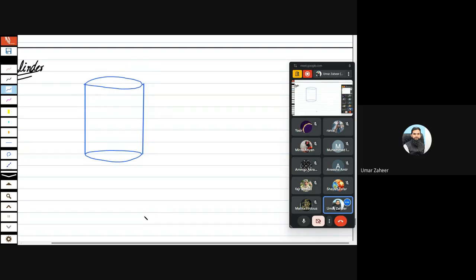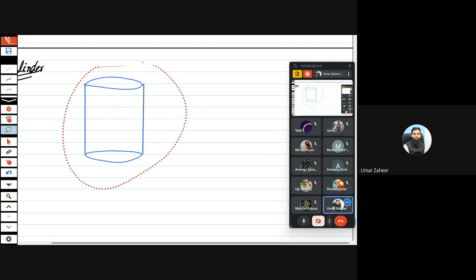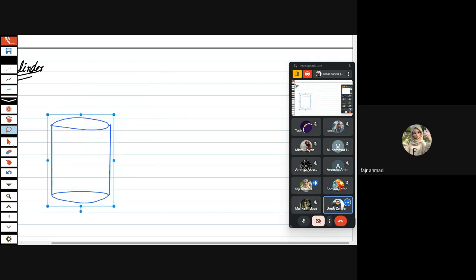All right. Now it is a cylinder. When we are going to open it, what will you get? Yes, sir. One rectangle and two circles.